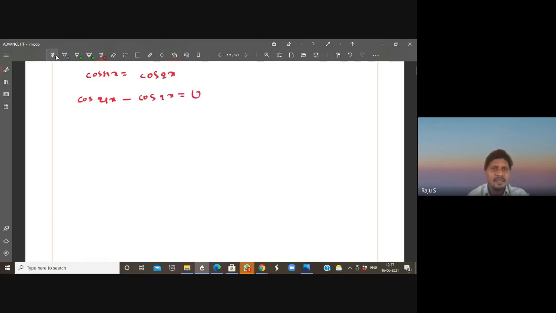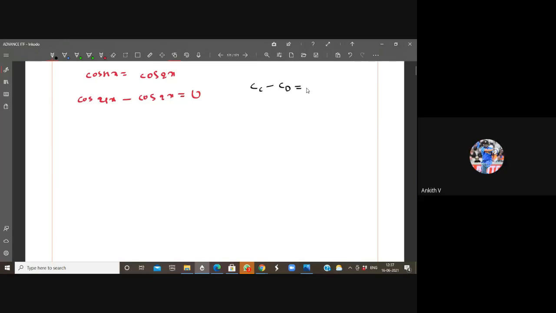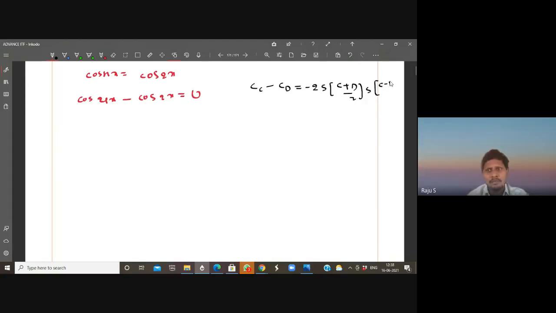Am I right? Now the cos c minus cos d formula. What is the cos c minus cos d formula? Minus 2 sin of (c plus d) by 2 into sin of (c minus d) by 2. You can apply this formula. So this implies minus 2 sin of (4x plus 2x) by 2 into sin of (4x minus 2x) by 2 is equal to 0.